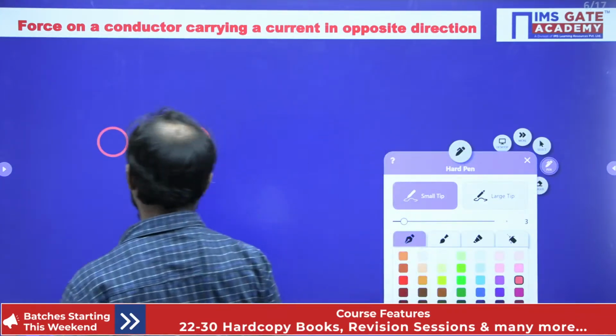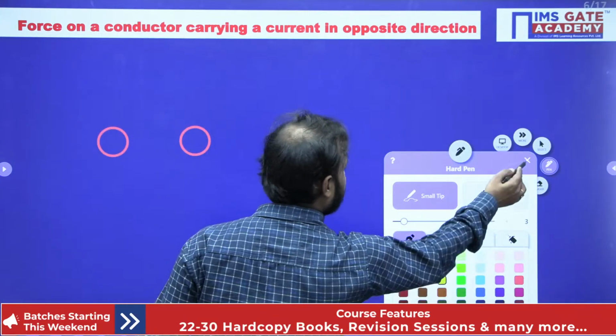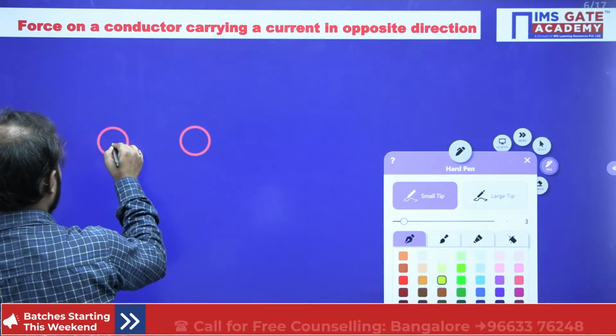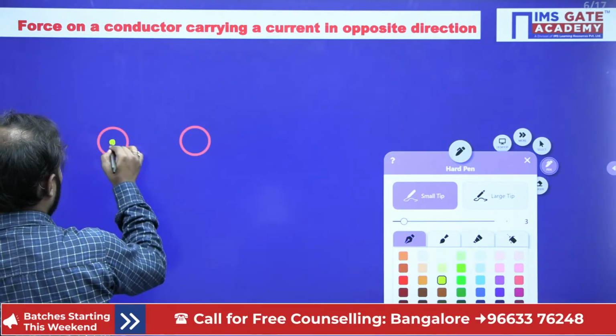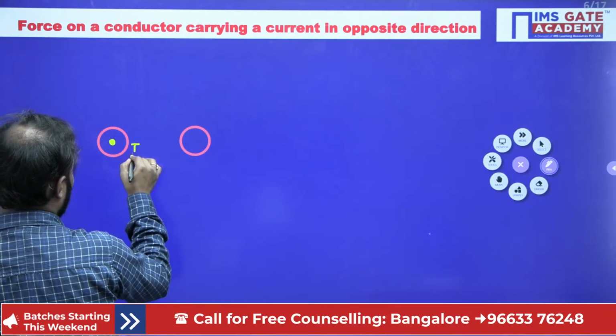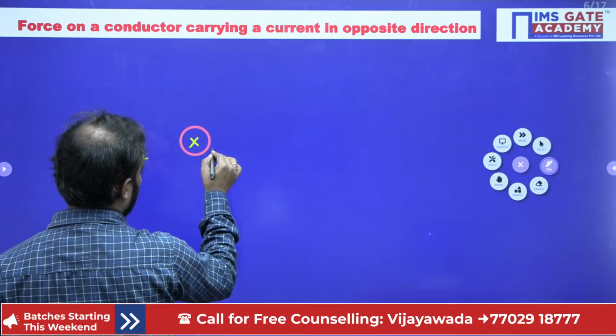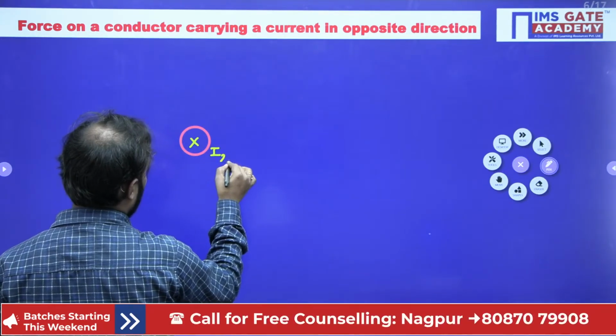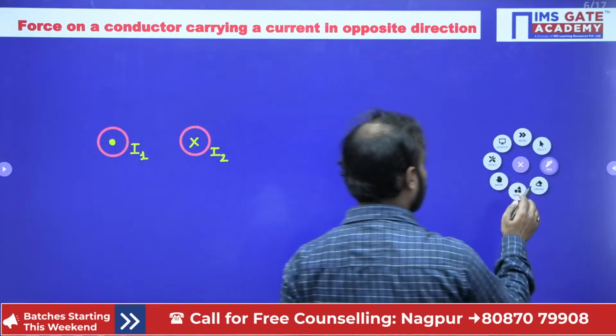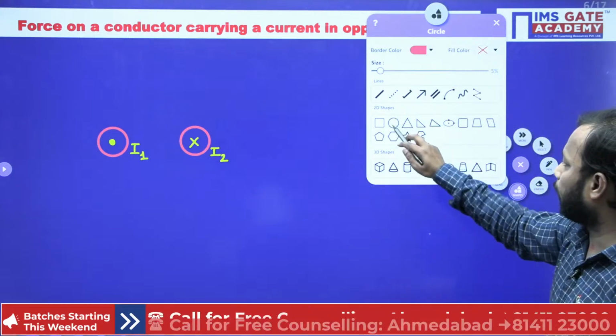Okay, so here, for this, the current will be a dot, which is having the current I1, and here let us reverse. This time I will take a cross, which is having the current I2. Now this dot is going to give the magnetic field.